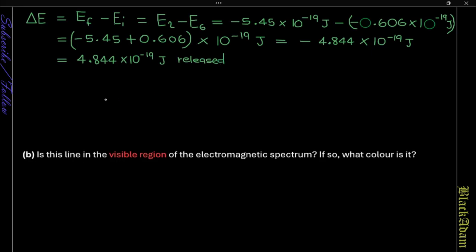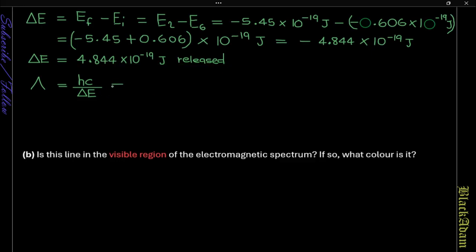And then from there we use lambda for the wavelength. Coming back to our equation, lambda is Planck's constant multiplied by the speed of light, divided by the energy that we calculated.